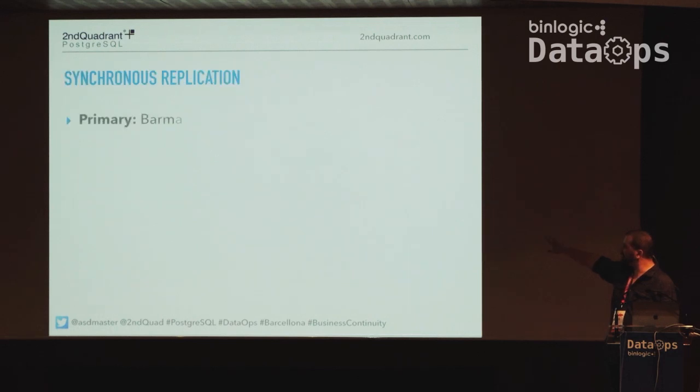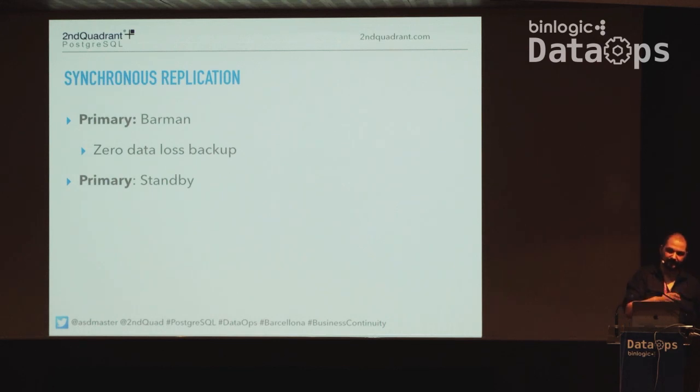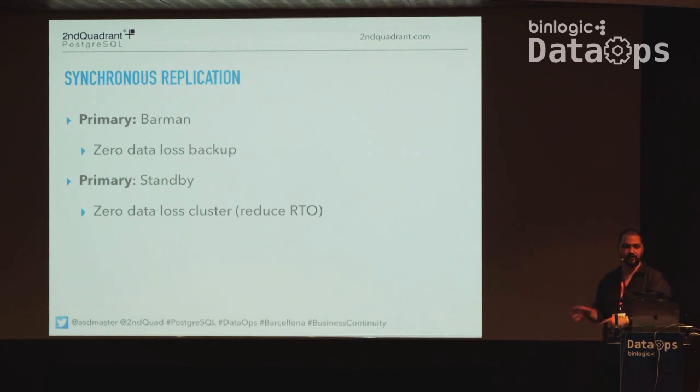Synchronous replication, you can use it on Barman, so saying that the primary synchronous is Barman, that leads you to have zero data loss backup, okay? Or you can use as primary synchronous connection the standby, that leads you to the zero data loss cluster. So you are always on time on this. So reduce RPO or reduce the RTO, okay?